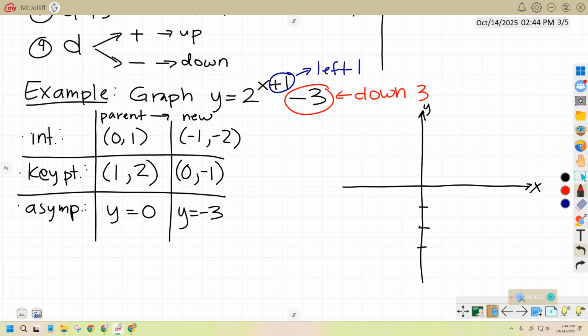I have an asymptote at -3. And then I have a key point at 0, -1. And I have an intercept, or what was a former intercept, at -1, -2.